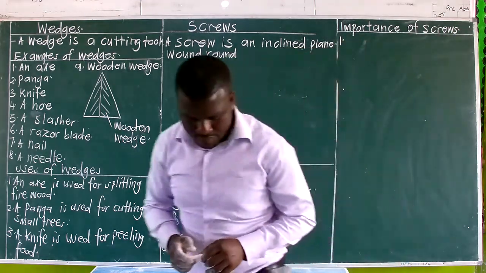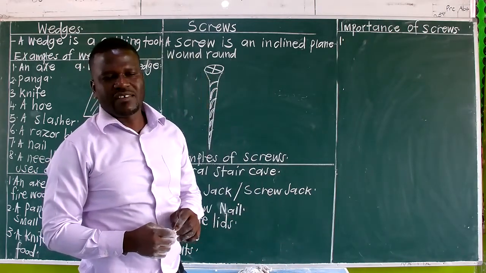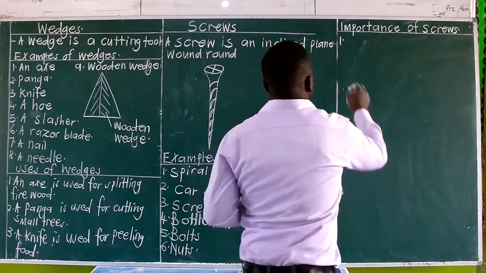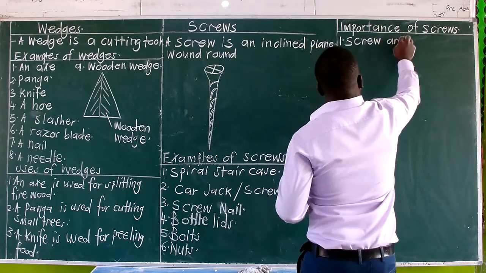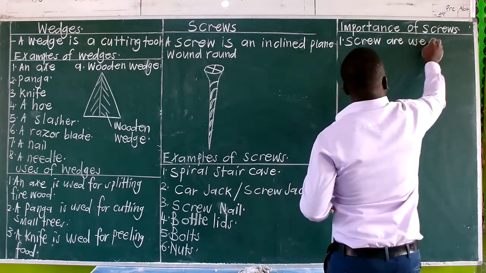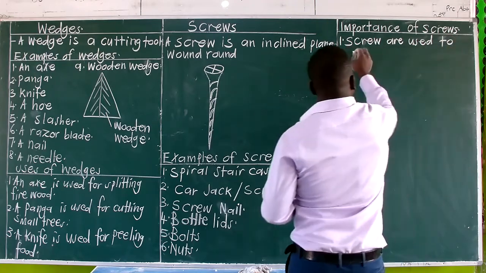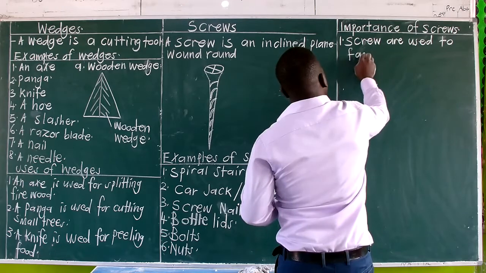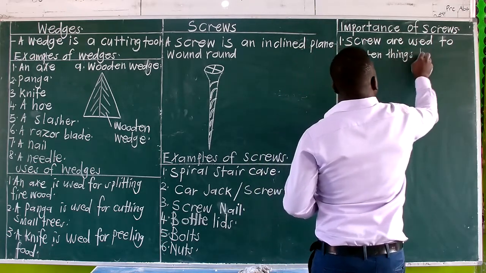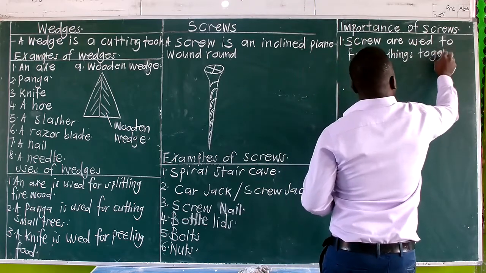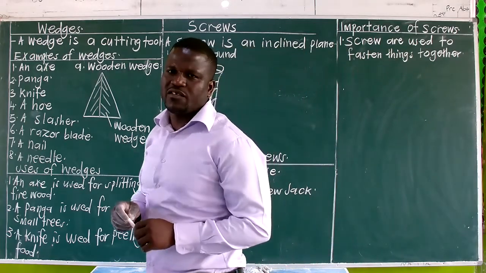Number 1, screws are used to fasten things together. Look at a pair of compass in your geometrical set.